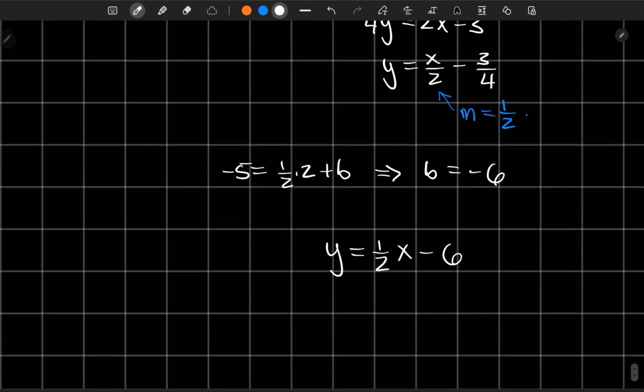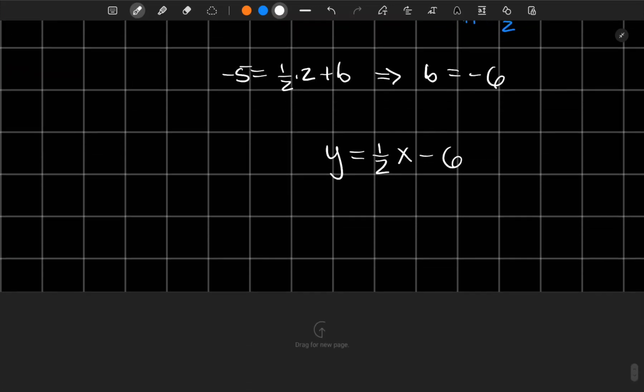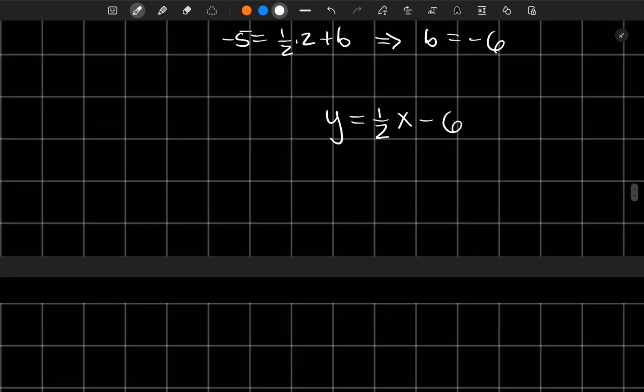So these were some examples of specifying one point in the xy plane and then specifying some other information, such as the slope of the line that we're looking to write an equation for. Now, however, suppose we're given 2 points.